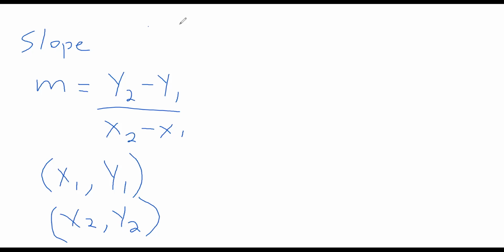Let's see. I'll make 2 points. So again, same directions. Let's find the slope of the line containing these 2 points.